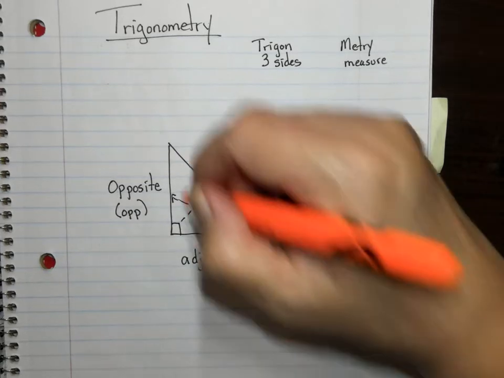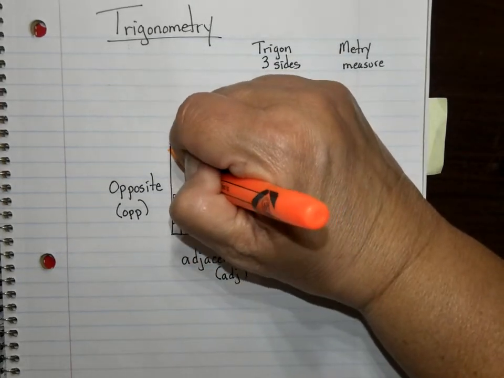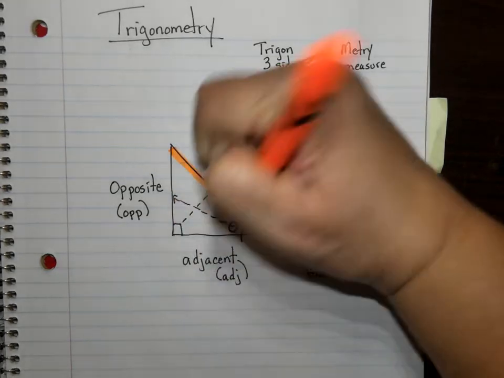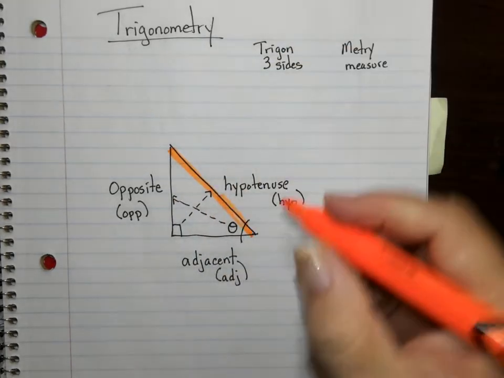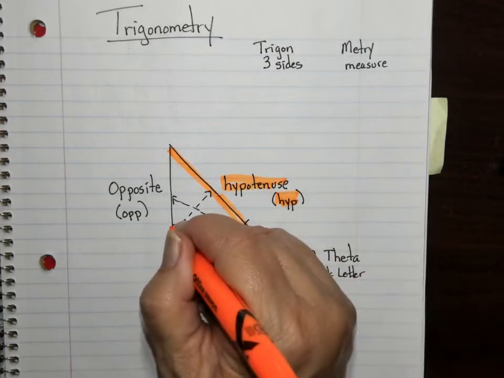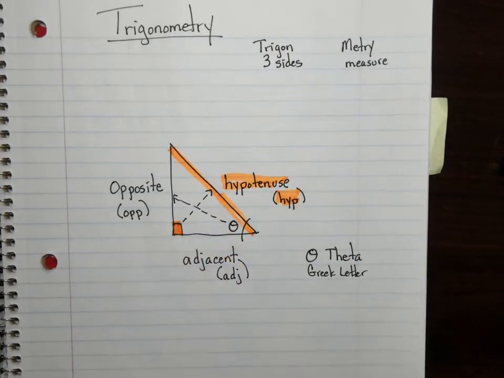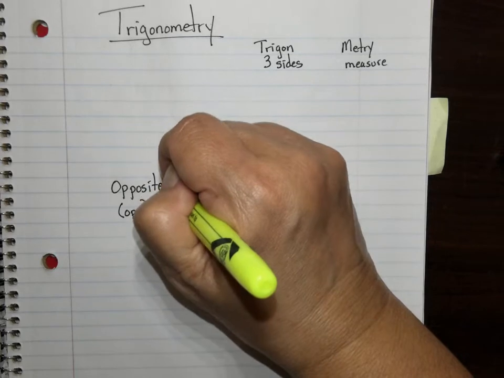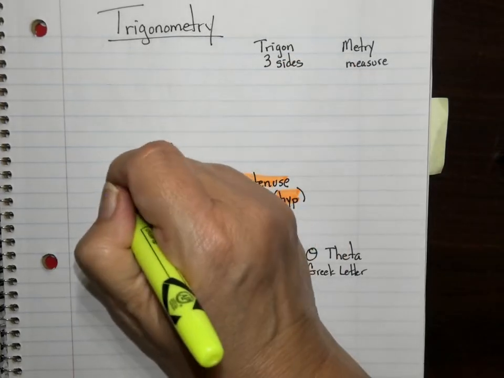So I'm just going to come in here and color code these, if you're a person where color coding helps you to organize stuff. So we have the hypotenuse. Right there is always across from that right angle. That's how you know your hypotenuse. And then we have our opposite side, is this side right here.